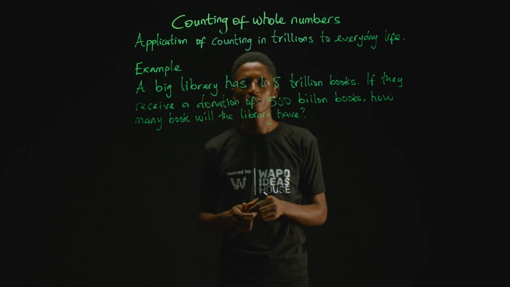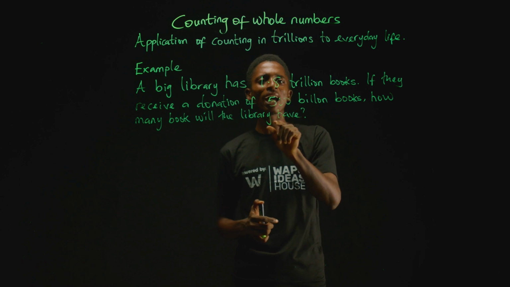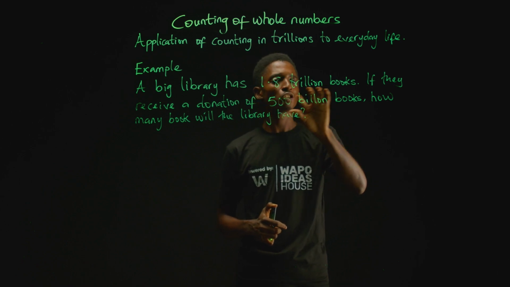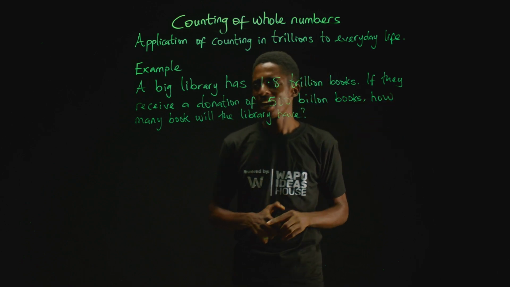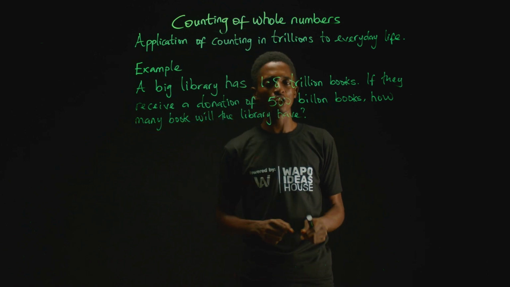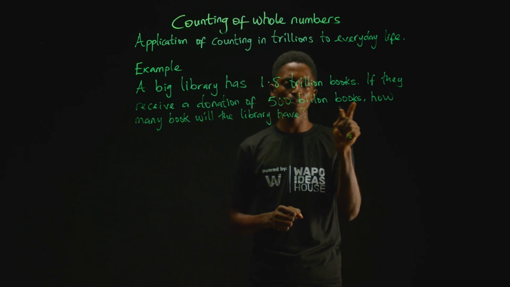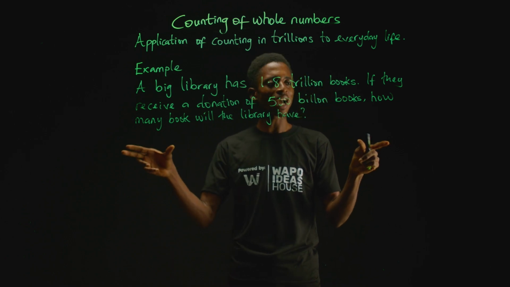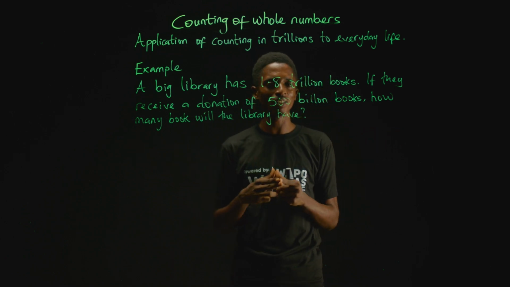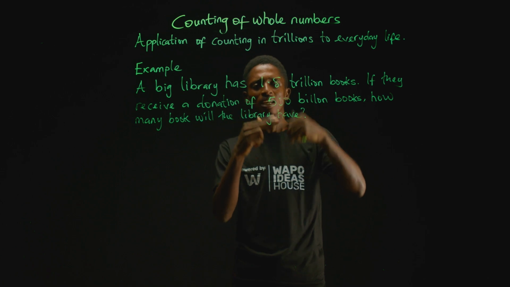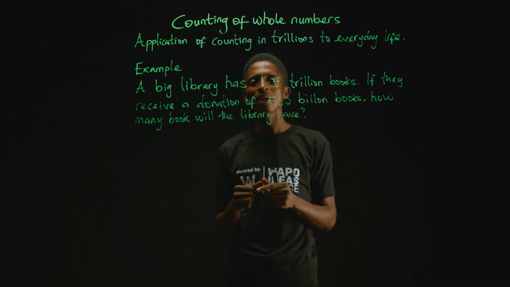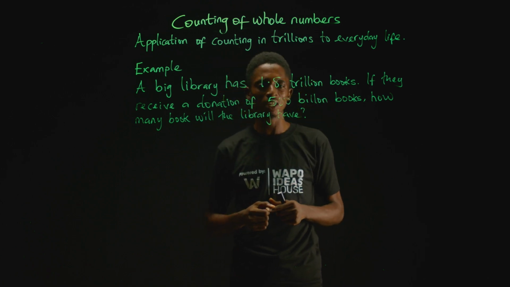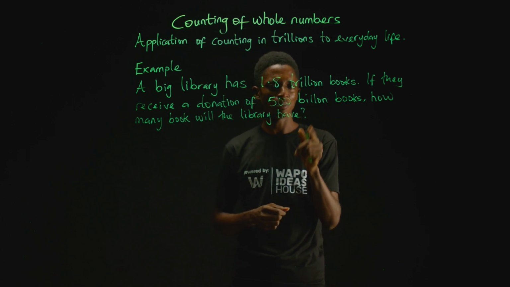In this question, we are told that they have 1.8 trillion books and that they have received a donation of 500 billion books. We want to find out how many books in total they will have, and that is what? An addition. So we perform a sum of 1.8 trillion and 500 billion.